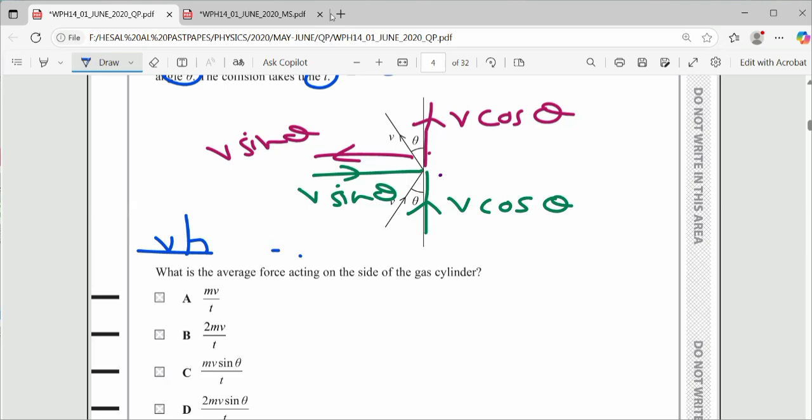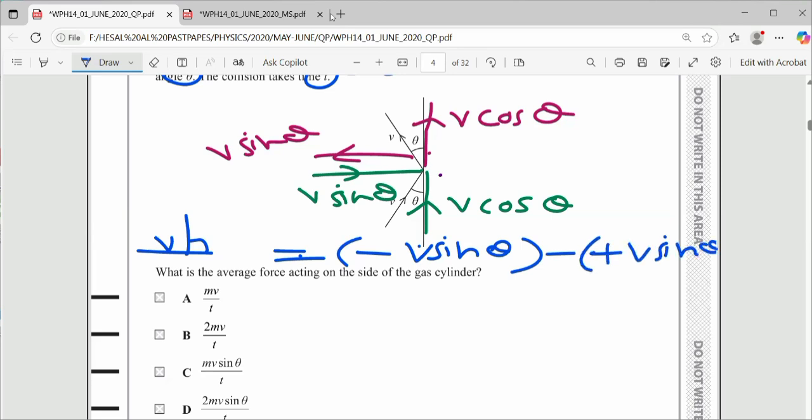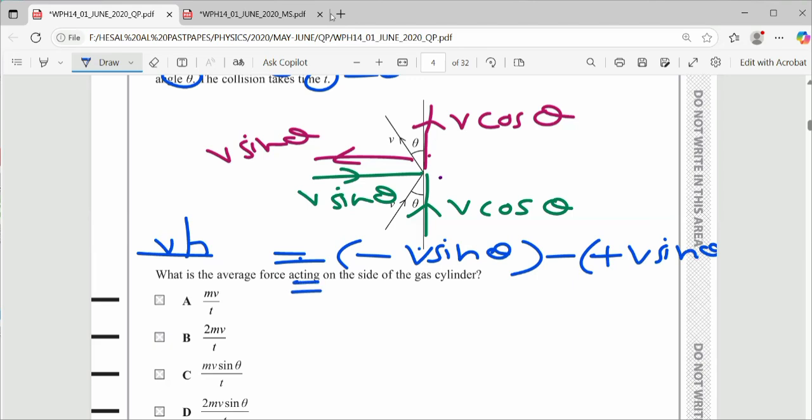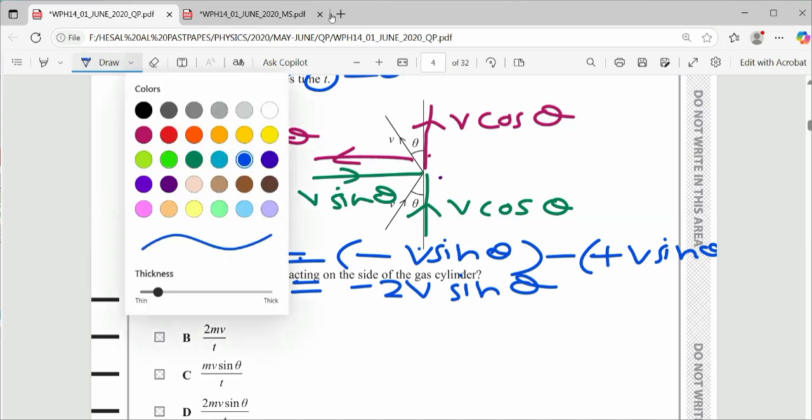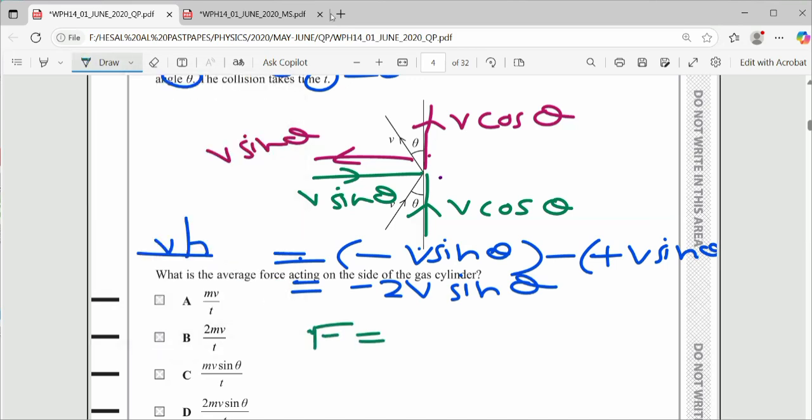What is the final in here? It is v sin theta, but opposite in direction, minus v sin theta. Subtract the initial, plus v sin theta. This gives minus together, minus 2v sin theta. What is the equation I can use in here? It is F equals change in momentum over t.